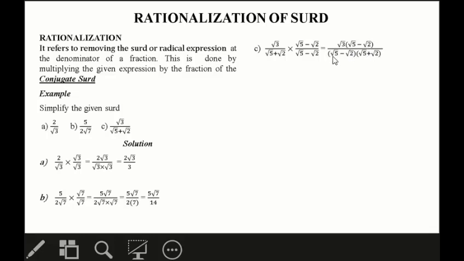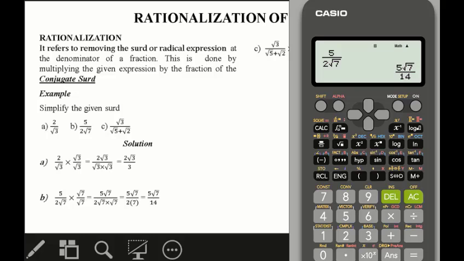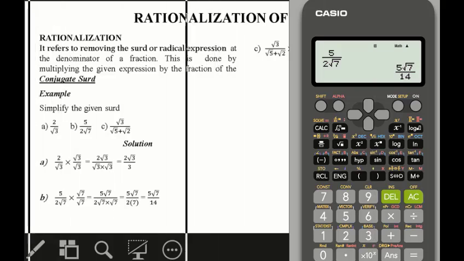Everything divided by the multiplication of this set by its conjugate as shown on the screens. The next part is to expand the numerator. So root 3 times root 5. When I punch it on my calculator, you are going to get the root of what? 15. So let's see. Let me draw my calculator here. If I'm to bring it here.